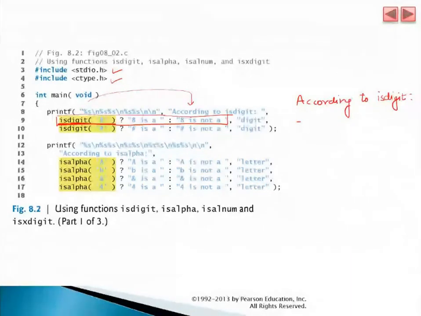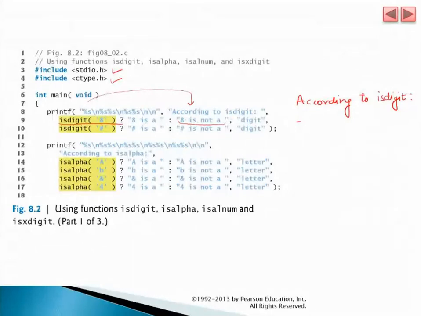So in this way we have written: if isdigit returns true, we will print the second argument. If isdigit is false, we will print the third argument. In this there are actually three operands, and the first operand will always execute, and based on the output of this operand, we will execute either the second operand or the third operand.